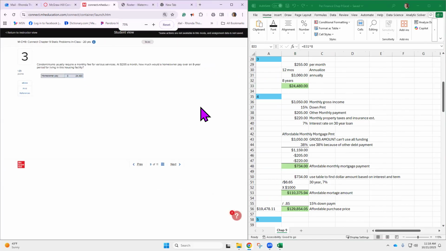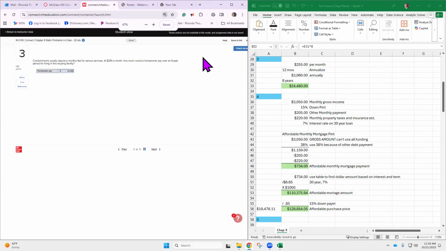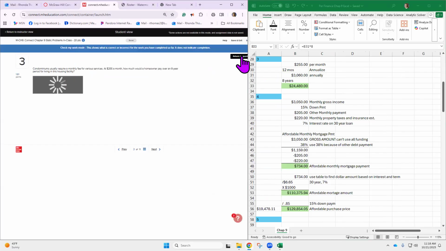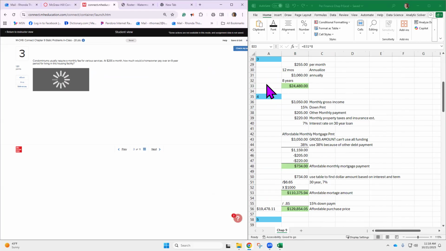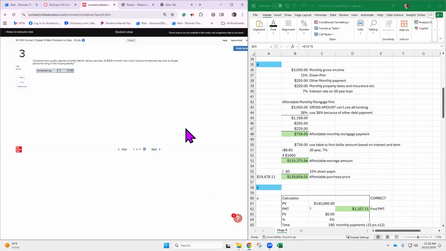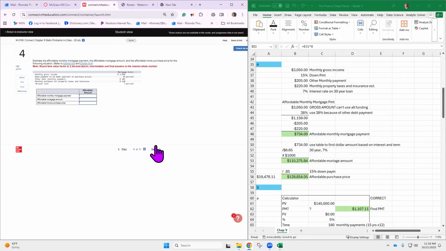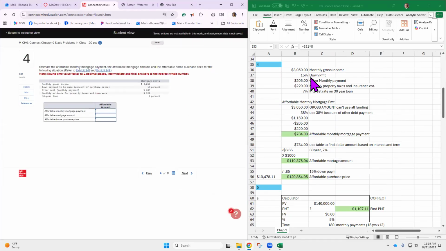Okay, so just kind of keep in mind how much is going in there. So you might not think that adds up to too much, but if they were basically taking care of your yard for that much money a year, maybe you'd rather live somewhere that you take care of it yourself. Okay, I don't know. All right, number 4.